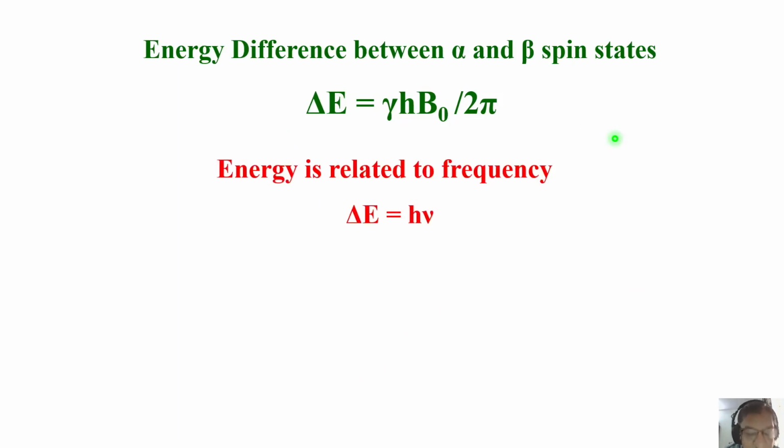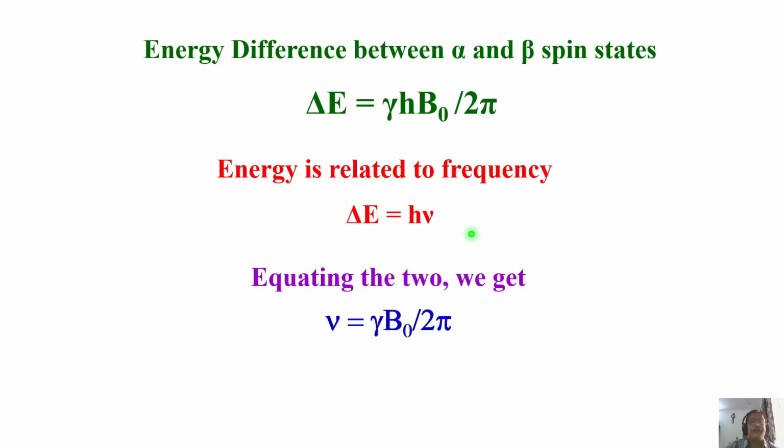Now, you also know from your basic atomic physics, which we studied long back, that energy can be expressed as frequency. Delta E is equal to h nu. Remember, long back we would have studied some conversion of energy to frequency. So delta E is equal to h nu. Now equate these two equations, because both are delta E. Then what will happen? h nu is equal to gamma h B naught over 2 pi.